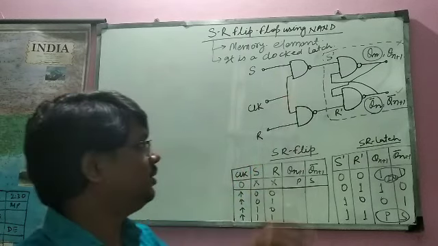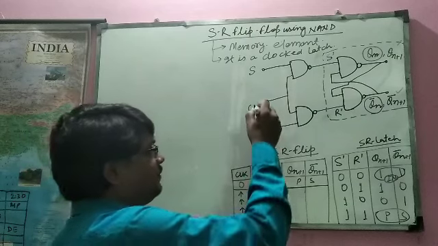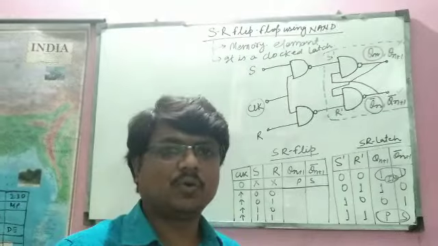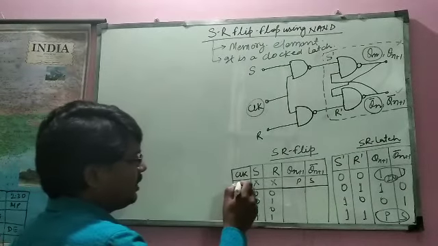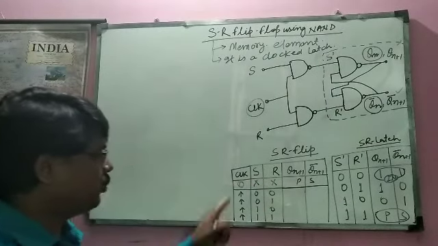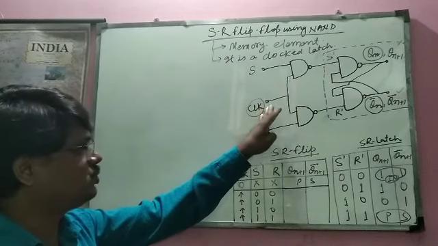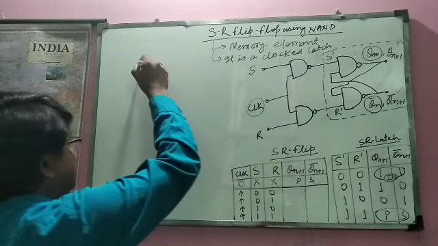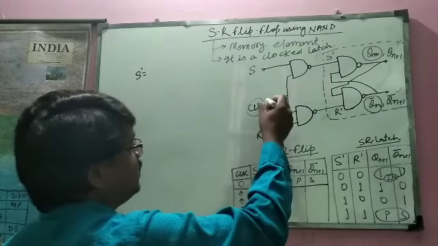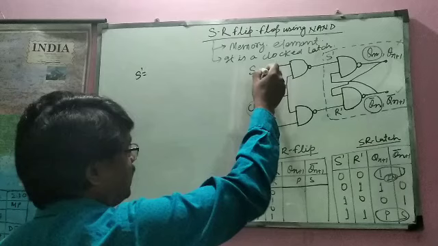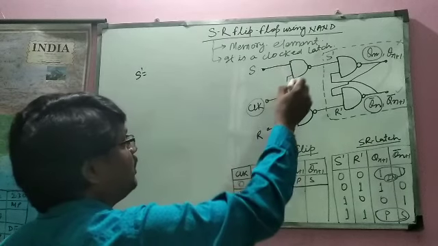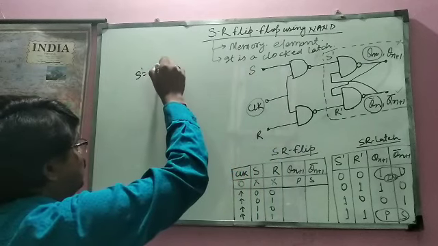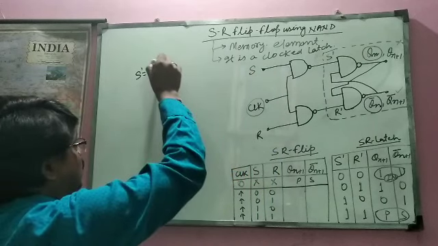By using this circuit, the clock is in our control. So if the clock is 0, what will happen? Let us see. S dash is a NAND gate output, so it will be equal to S into clock, whole bar.